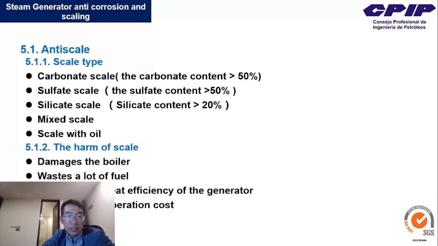The harm of scale is that it damages the boiler, wastes a lot of fuel, reduces the heating efficiency of the generator, and increases the operation cost.